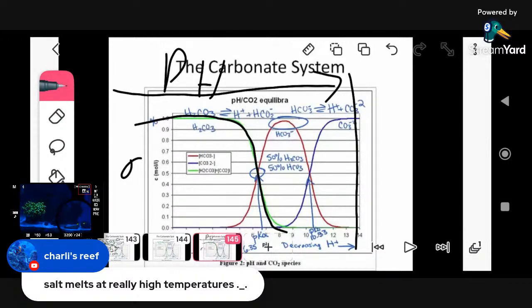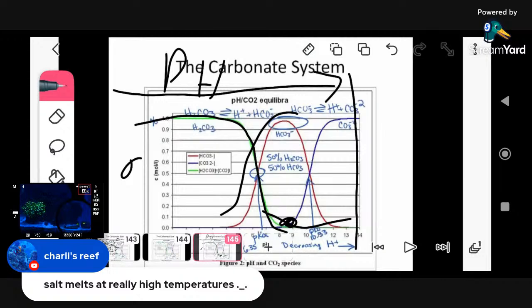Oh, I mean, I should not have said that. It neutralizes, or it kind of disappears, or let's just say it bottoms out near zero around 8.5 according to this graph, and then you start getting bicarbonate in the water.